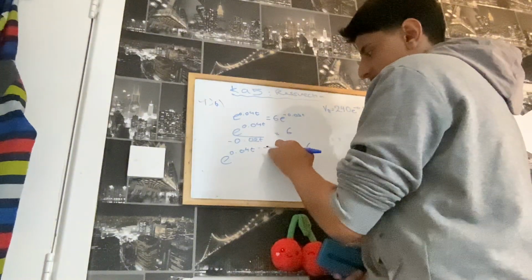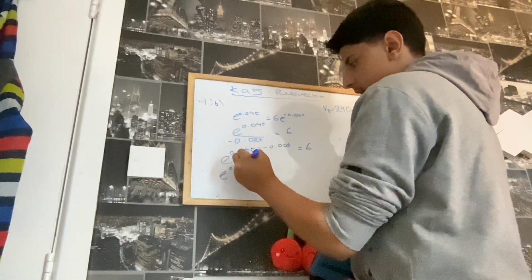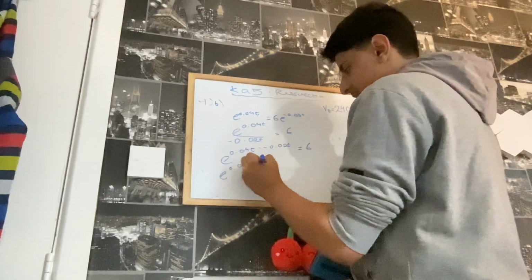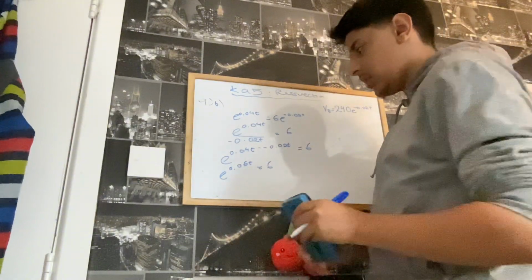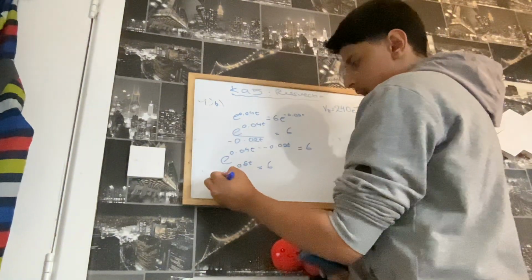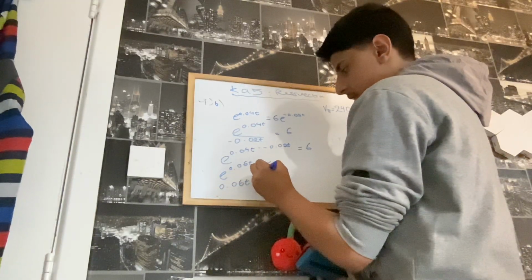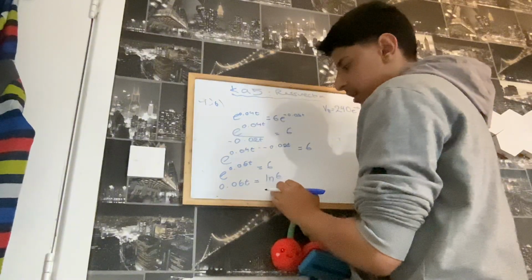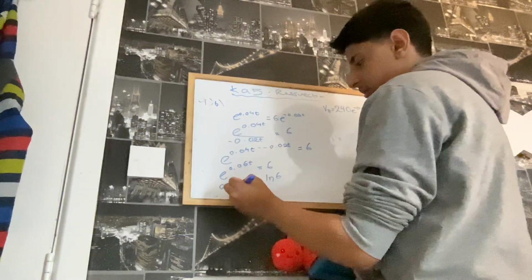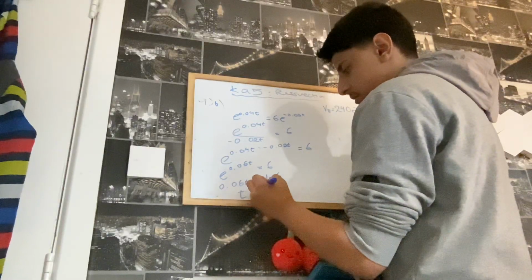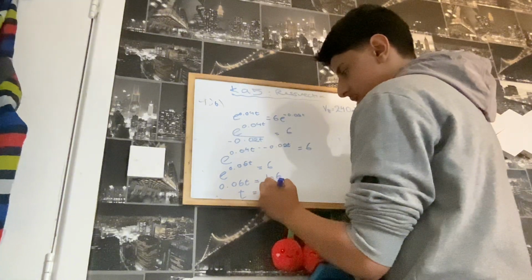A minus and a minus is a plus, so we're left with e^(0.06t) equal to 6. Now we take the natural log of each side to make this our coefficient. So we get 0.06t is equal to ln 6. Then we divide each side by 0.06, leaving us with t equal to ln 6 over 0.06.